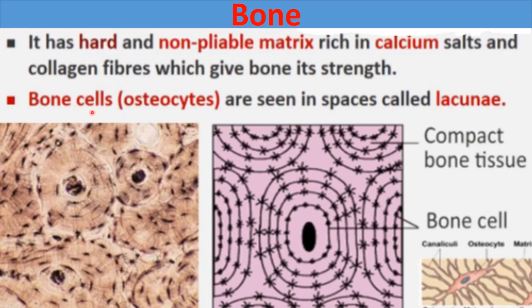So bone strength is due to collagen fibers. Bone cells are called osteocytes. Osteo represents bone here, and cytes means cell. Bone cells, or osteocytes, are seen in spaces called lacunae. This complete structure is called lacunae, and here you can see these are bone cells.